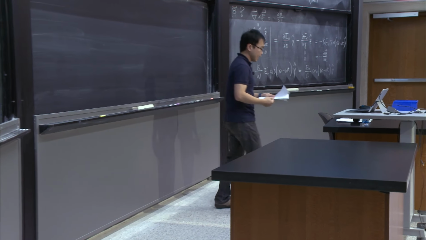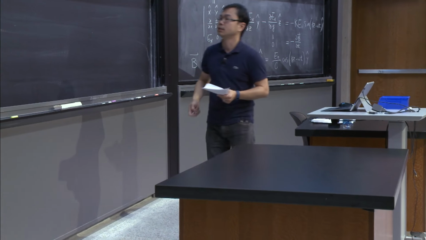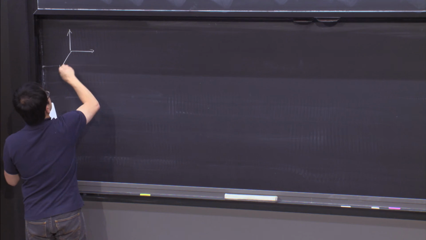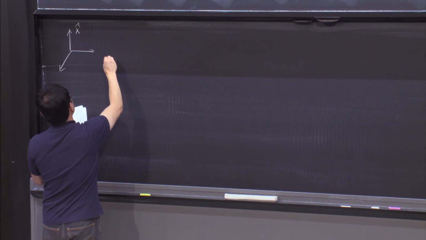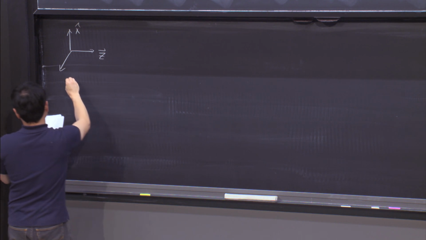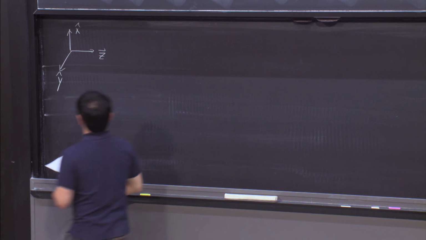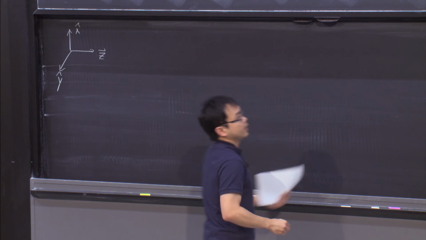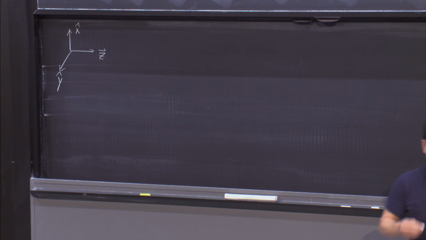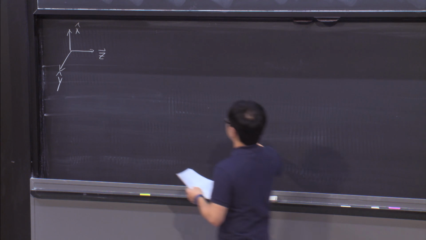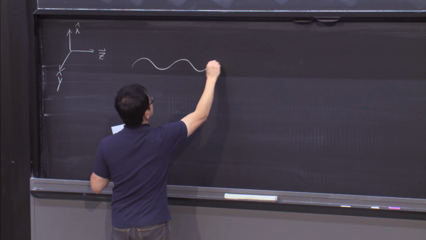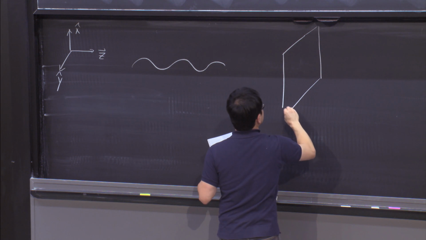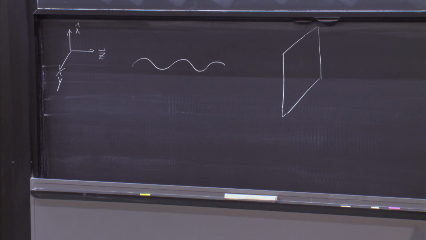Consider a situation where I have my axes defined here: pointing up is the x-axis, pointing to the right is the z-axis, and pointing toward you is the y-axis. So I can now again take the plane wave which I started with. There will be a plane wave like this, and it's going to hit a piece of perfect conductor.